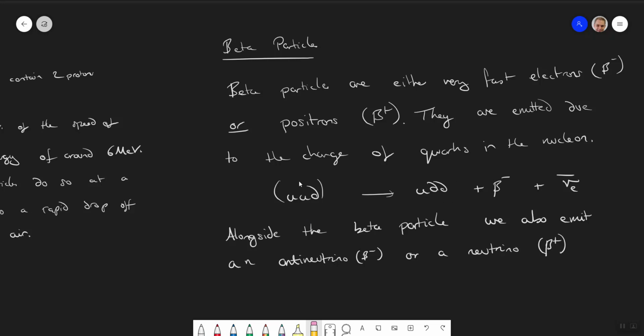I managed to confuse myself. I'm doing a positron emission, aren't I? No. The neutron goes to a proton. That's a neutron. Goes to up, up, down. Yes. Right. Okay. My bad.